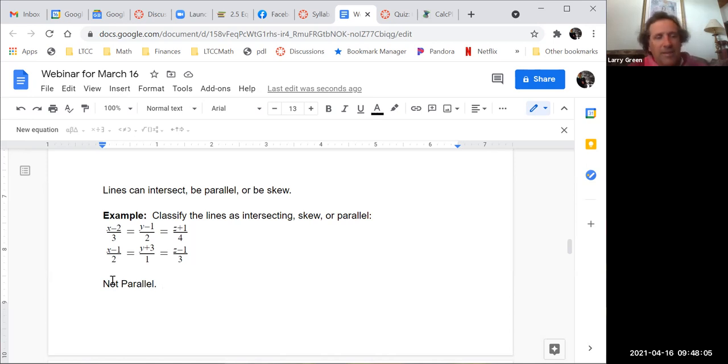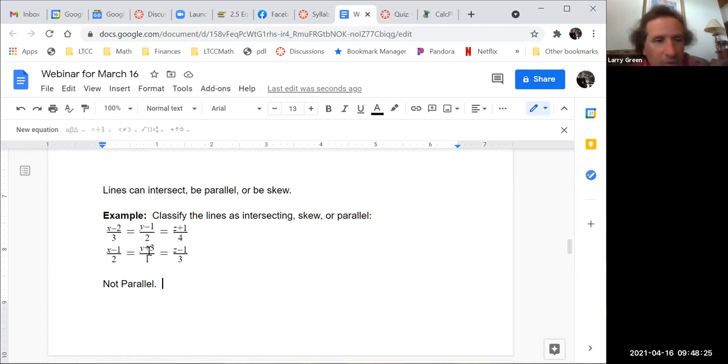So that means that there's going to be a point x, y, z at which all 6 of these are equal. Any questions on that? Is that clear? So there's going to be a value x, y, and z where you get equality.